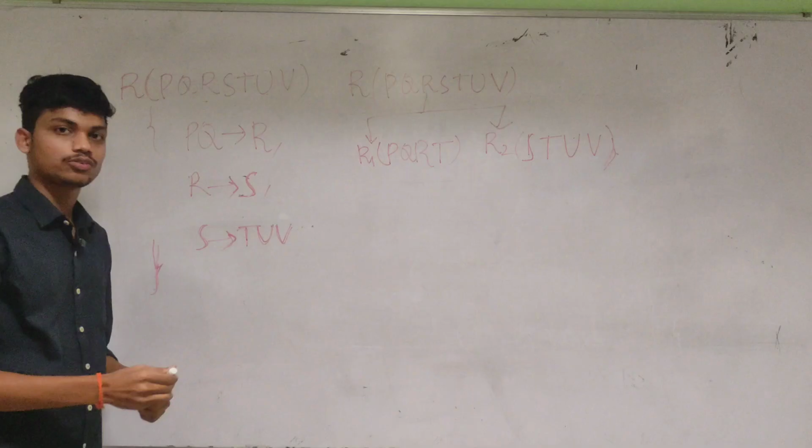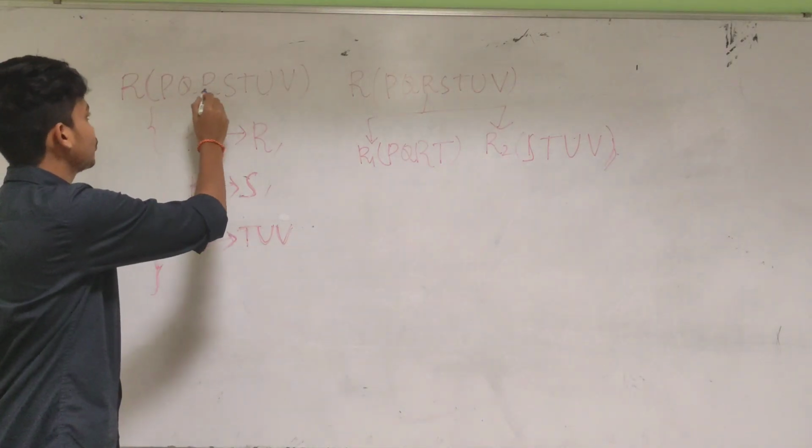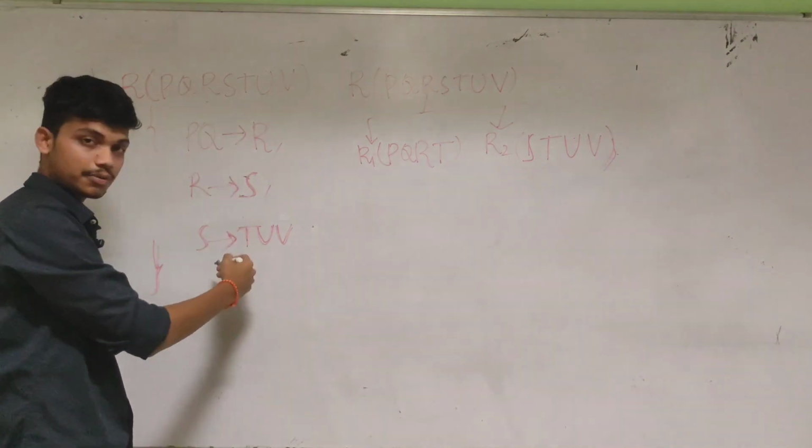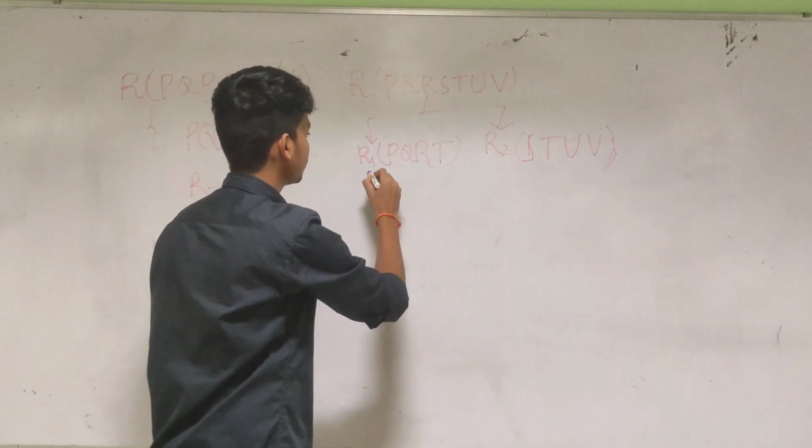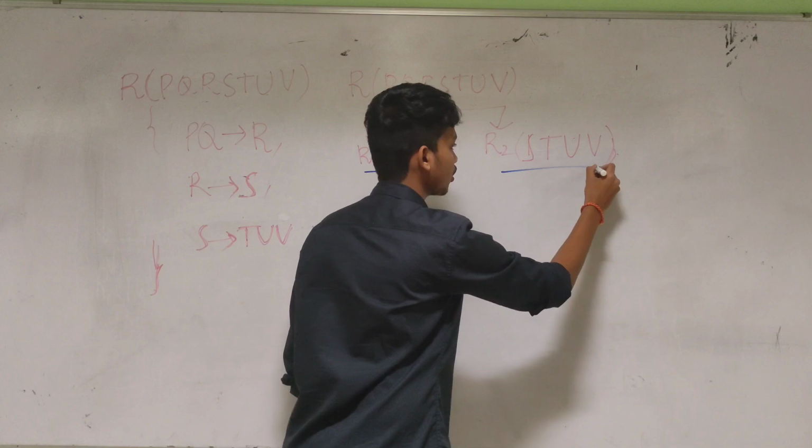Now take a look at this question. This relation R of P, Q, R, S is given and functional dependencies are given, and they have said that this is decomposed into R1 and R2.